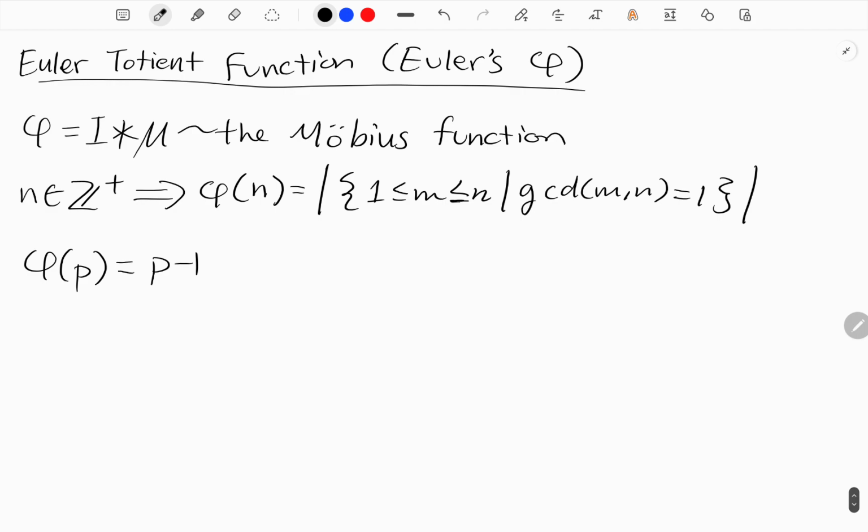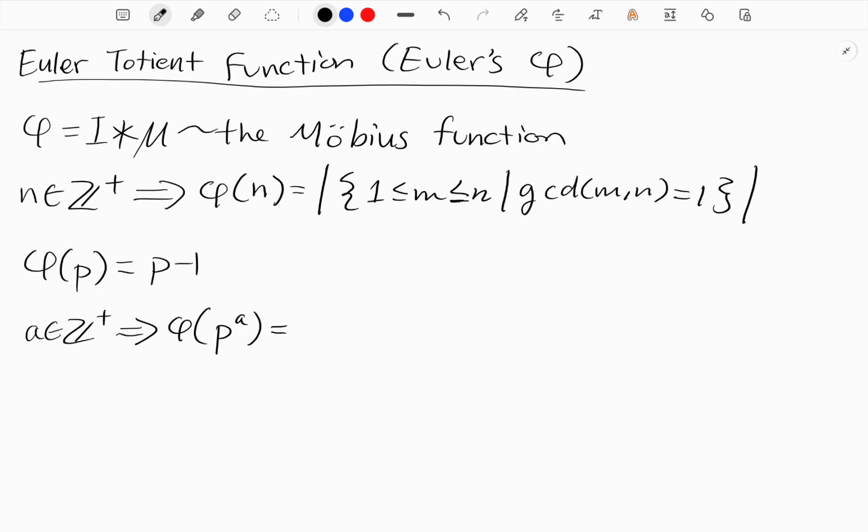Then more generally, if you have a being a positive integer, then phi of p to the power of a is equal to, well, let's see how we would find out how many numbers are co-prime with p to the power of a. One way we can do this is using the complement.